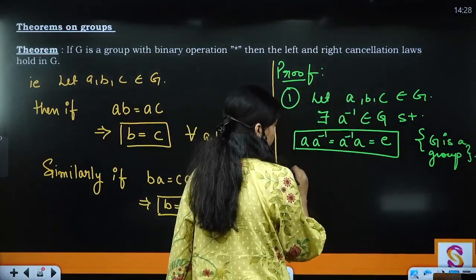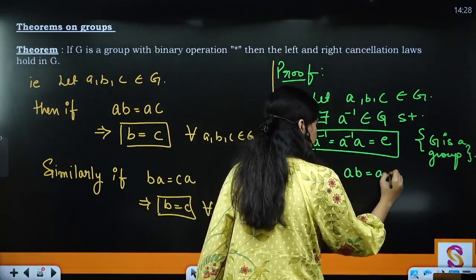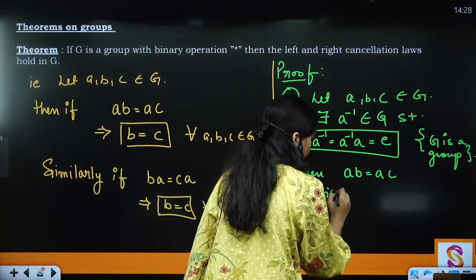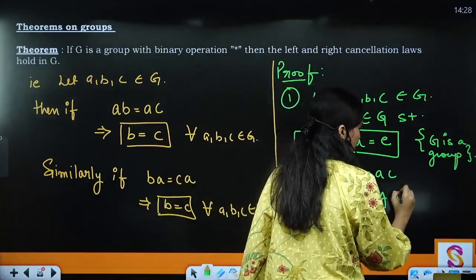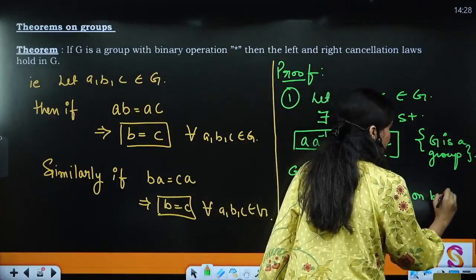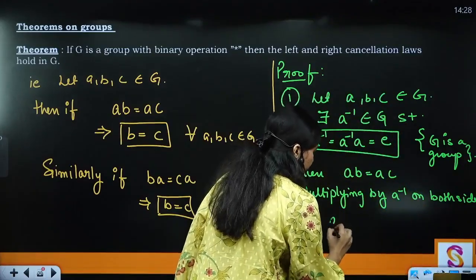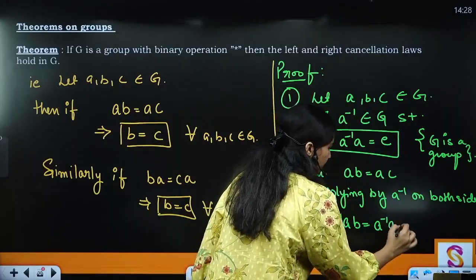Now we are given that ab equals ac. Multiplying by a inverse on both the sides, we will get a inverse a b equals a inverse a c.